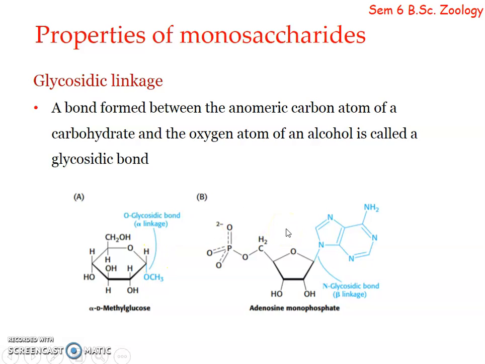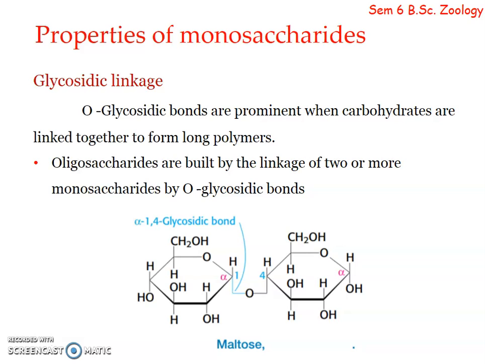When we are speaking about carbohydrates alone, the O-glycosidic bond is more important. This definition represents the O-glycosidic bond, where the anomeric carbon atom forms a bond with the oxygen atom of an alcohol. The glycosidic bond plays a very important role in the formation of oligosaccharides and polysaccharides.